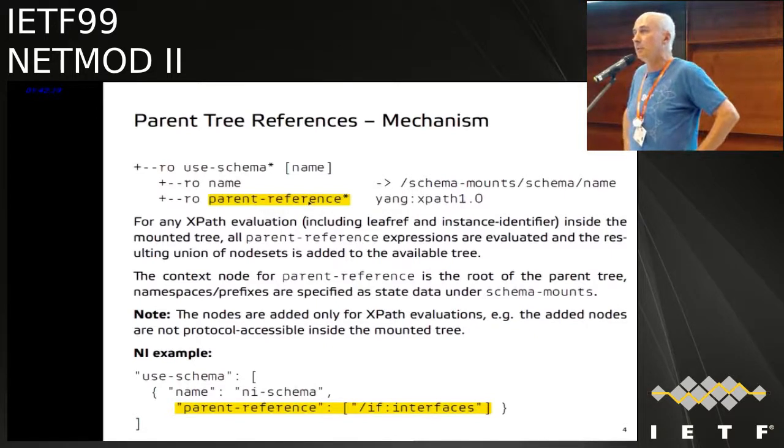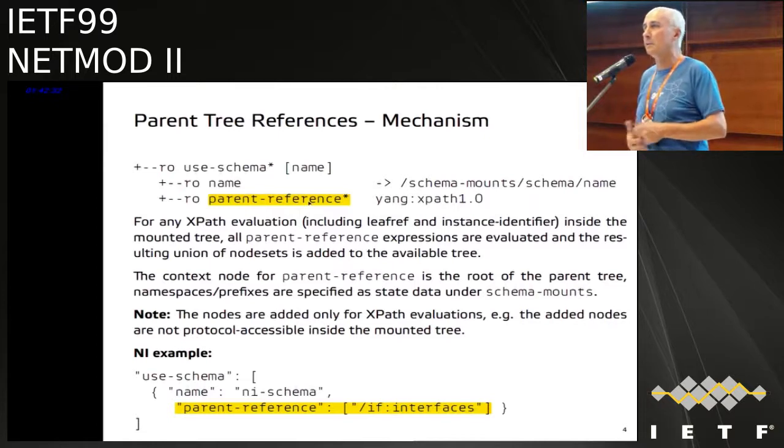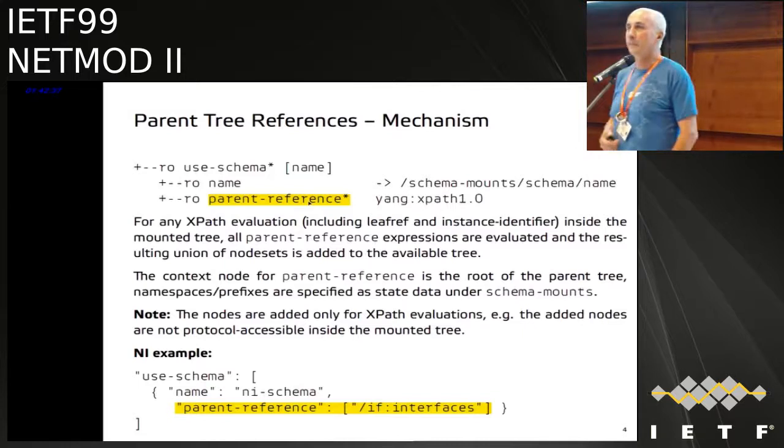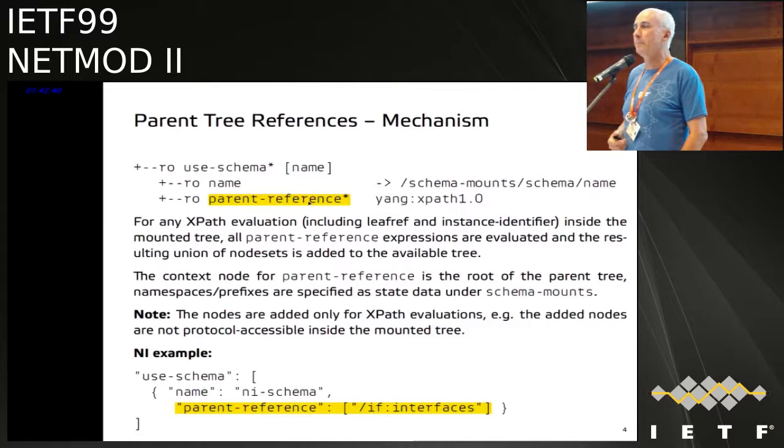So this is really about enabling XPath expressions to refer to something that the mounted data model doesn't know about. Okay, so not only for the XPath evaluation, but from here one can refer to a particular instance of interface and use it here, right? Yes.